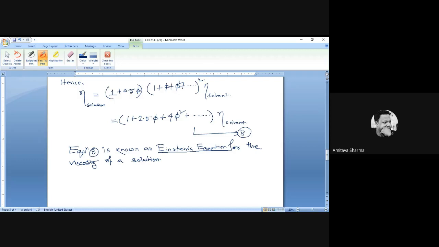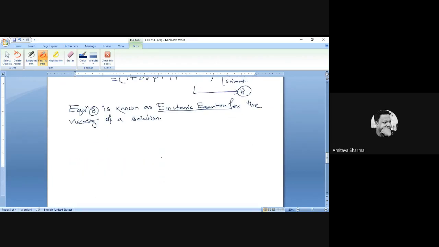And this Einstein equation is very important for determination of the molecular mass of polymer. If you can develop up to this, the remaining part is not very complicated.